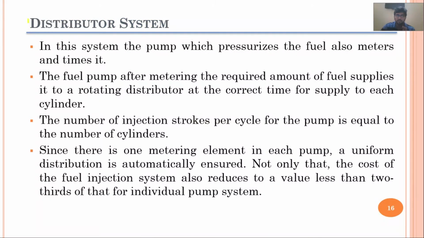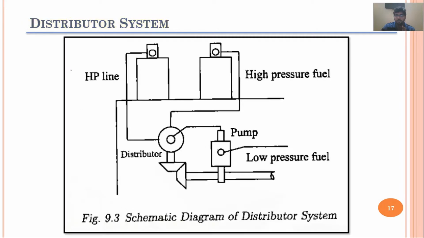Then we have the fourth and the final arrangement, the distributor system, which is nowadays most commonly being used in cars. In this arrangement we have a single pump and we have a distributor system.